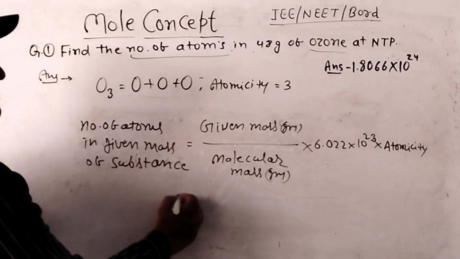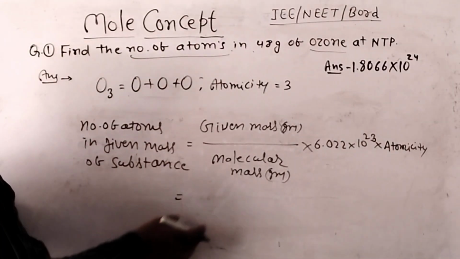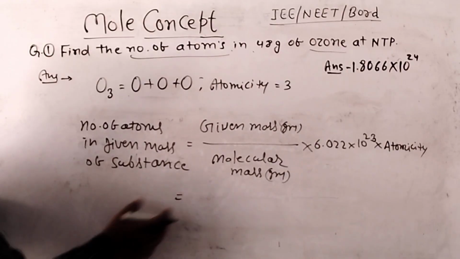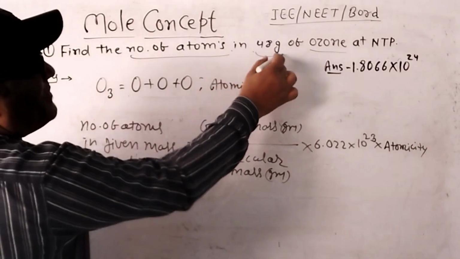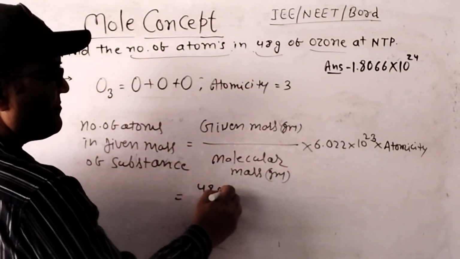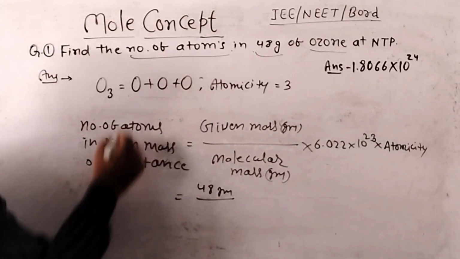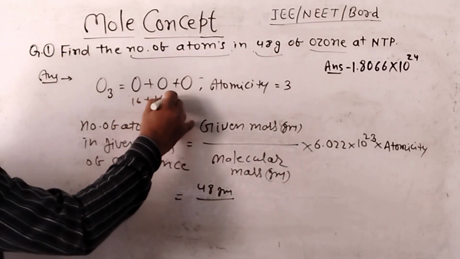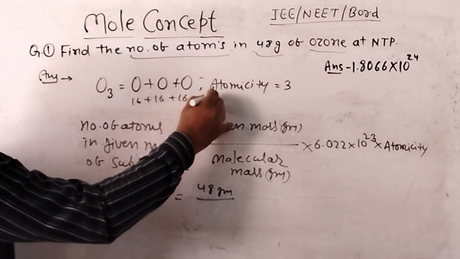So finally we can collect the data and put it in this formula and get the result. Given mass is 48 gram and the molecular mass of O3 is 16 plus 16 plus 16, so 48 gram.